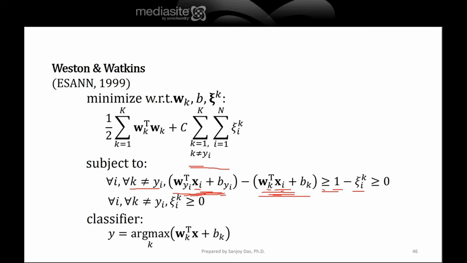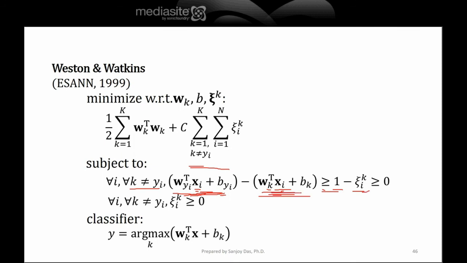So in other words, every point xi should be at least one more away from its own hyperplane than it is from any other hyperplane.